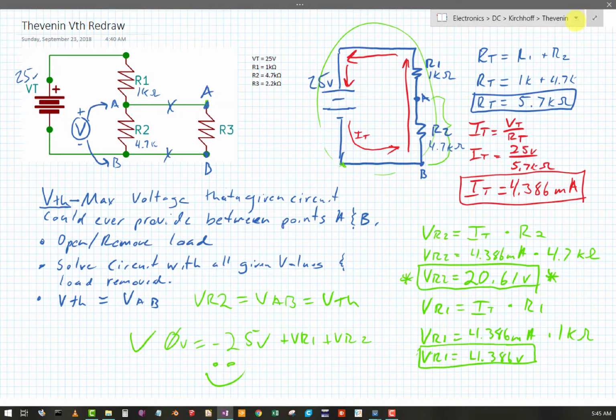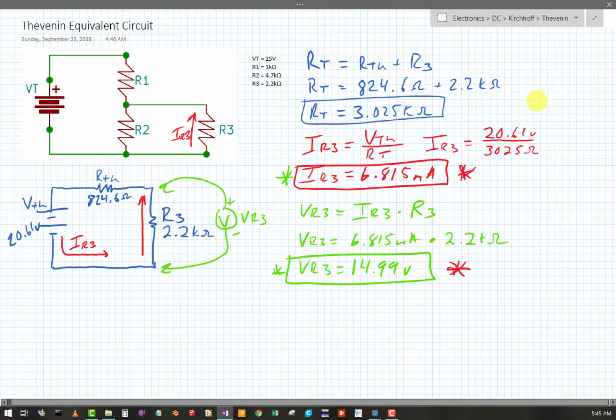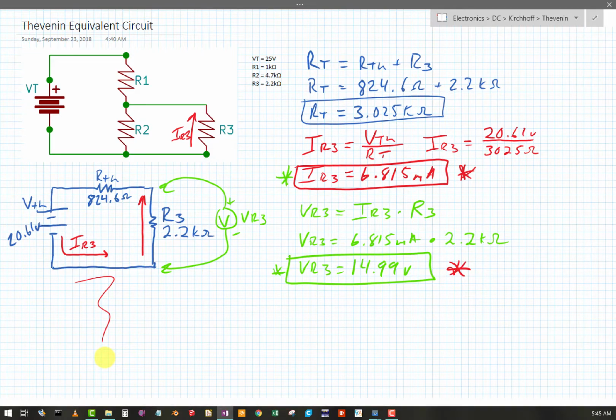And what do you do with all that? Once you have all that, you can create your equivalent Thevenin circuit, where you apply Thevenin, which is the most voltage available to any value for your load. And then your circuit resistance, as far as the load is concerned, is in series. That's where our Thevenin goes. And when you solve this little circuit, the voltage and the current and the resistance for R3 are going to be the same as in the original circuit.